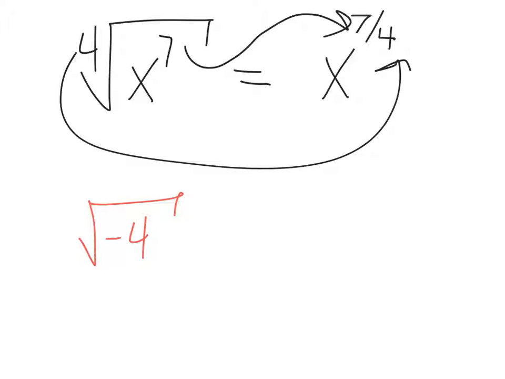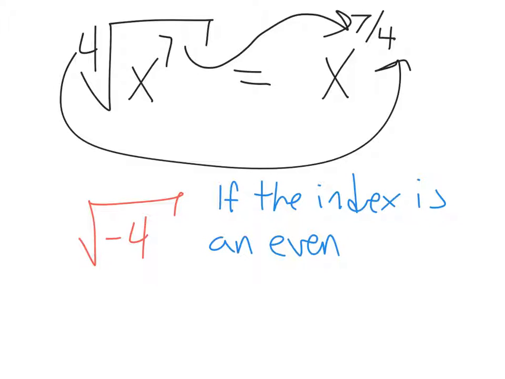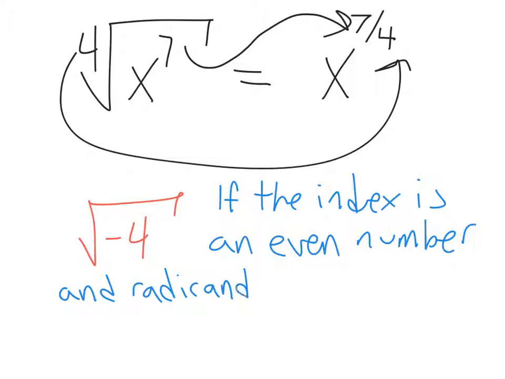Here's something that we need to make sure we understand. If the index is an even number, and we'll call it the radicand today since we're talking about it, so if that inside number is negative, you can't do it.